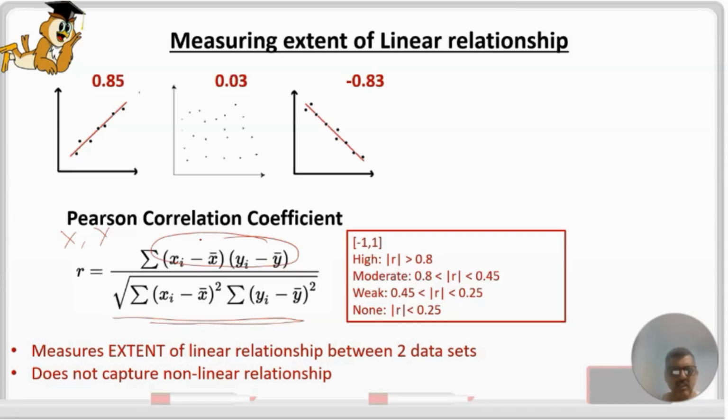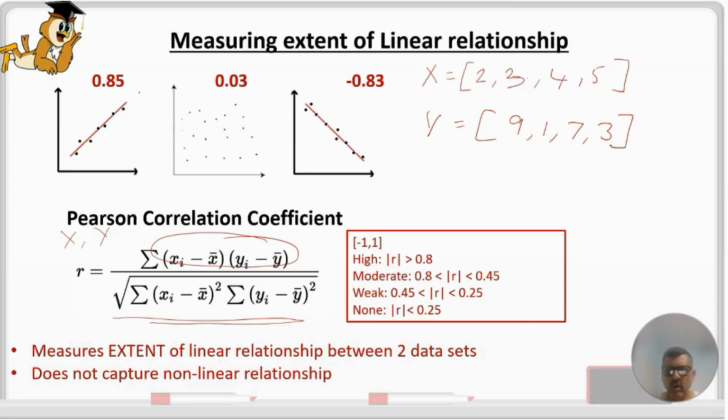But there is another way of looking at this. Consider you have two data sets. Let's say the data set X has data elements 2, 3, 4, and 5, and Y has elements 9, 1, 7, and 3.